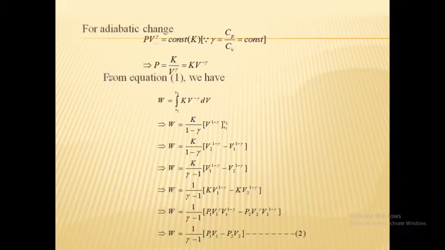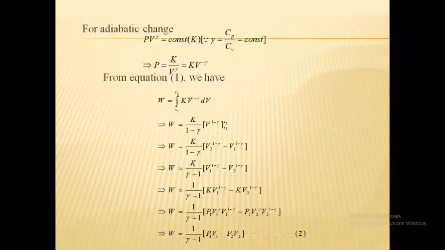Here K is outside the bracket, and in the next line we multiply both the terms inside the bracket by K. In the next line we find W equal to 1 by gamma minus 1 into P1 V1 to the power gamma into V1 to the power 1 minus gamma minus P2 V2 to the power gamma into V2 to the power 1 minus gamma.